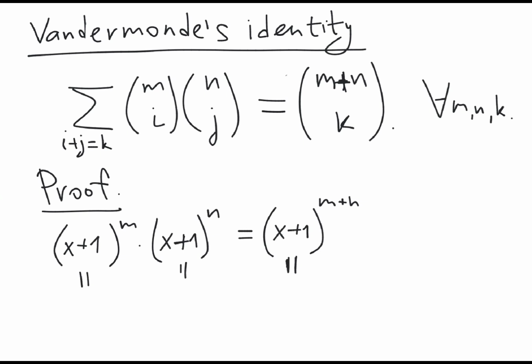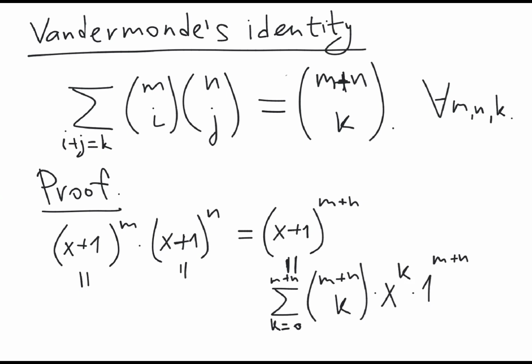The right hand side is equal to the sum of the binomial coefficient m plus n choose k, the sum for k from 0 to m plus n, and here we have x to the power k multiplied by 1 to the power m plus n minus k, right?